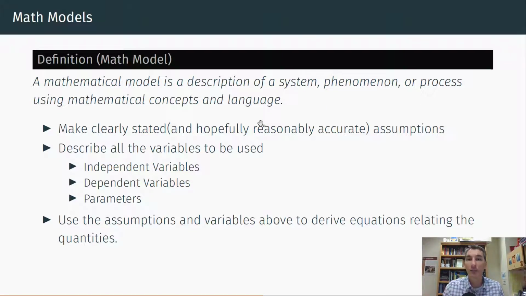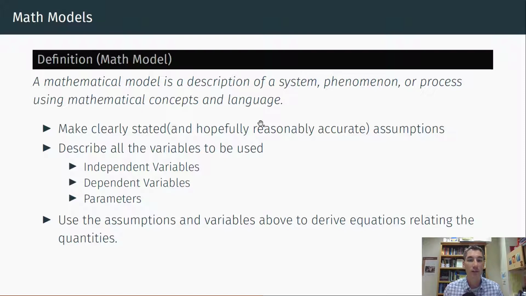Or maybe gravity. Well, here's my model of how this ball flies through the air, but of course, if that ball flies through the air on Earth or if it flies through the air on Venus, the gravity is going to be different because of the different masses on the planets. So a parameter like the force of gravity might show up in the model, and you just need to pay attention to where you are.